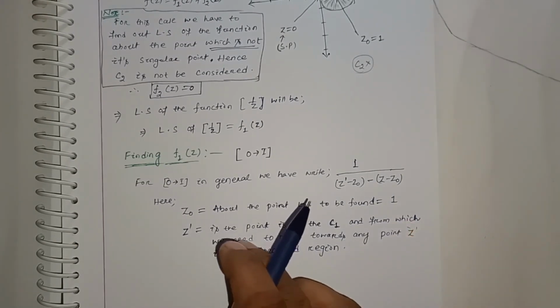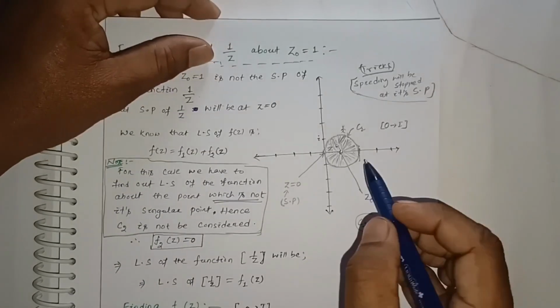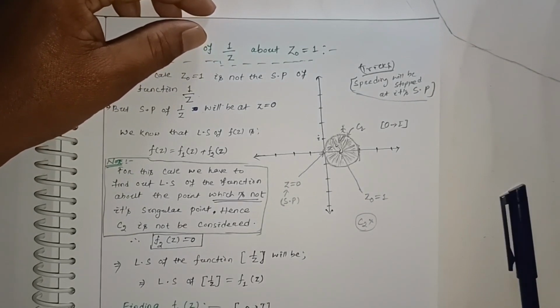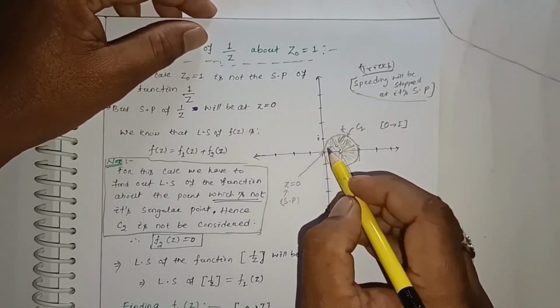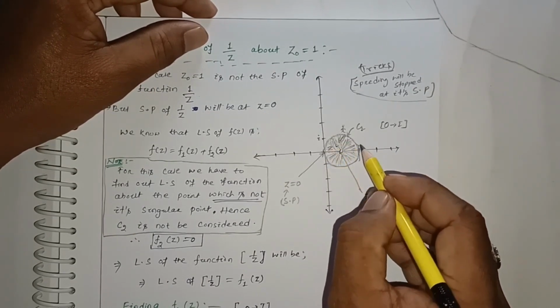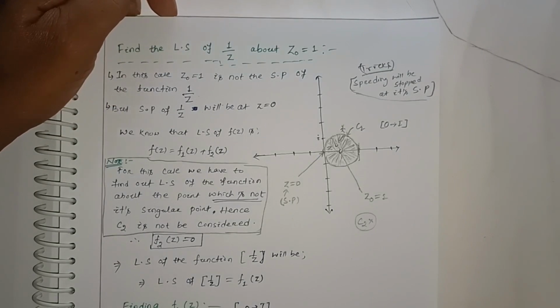So for this case, z dash will be this one here, the so-called singular point. Here you can see any point on the circumference. So which point is known for this question?